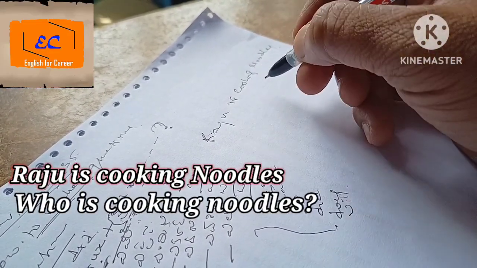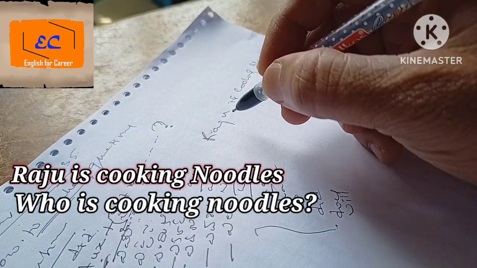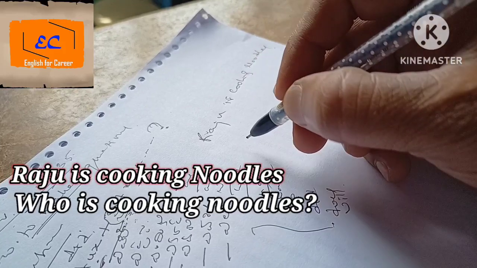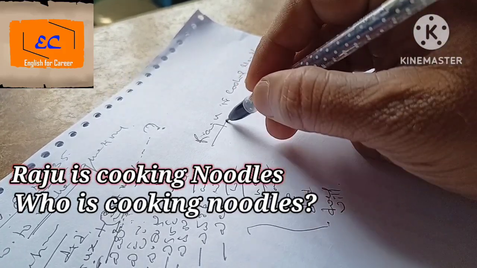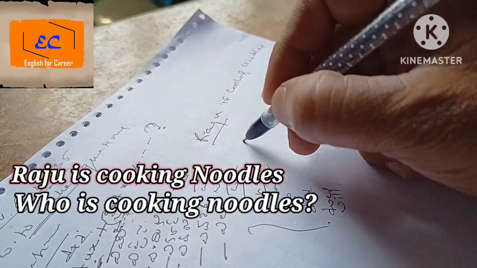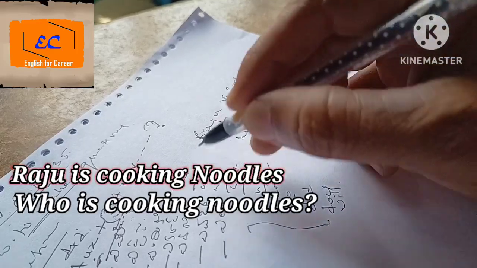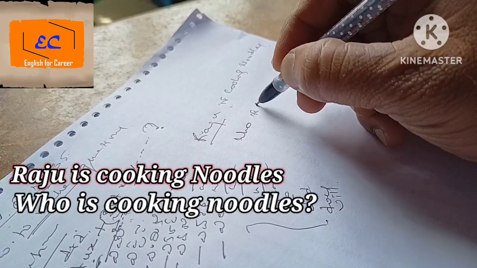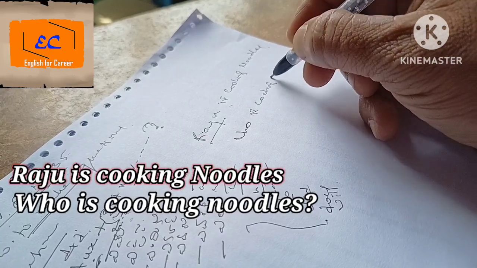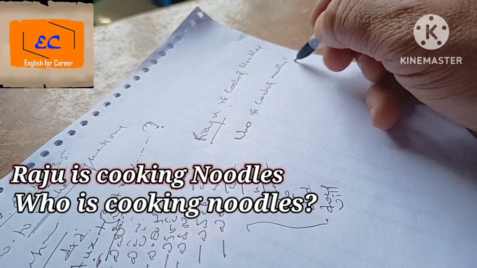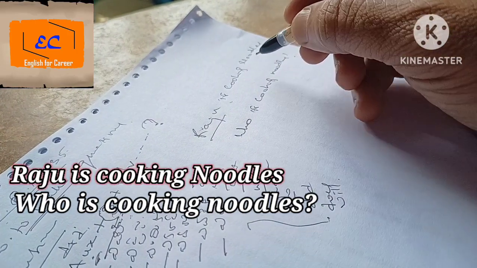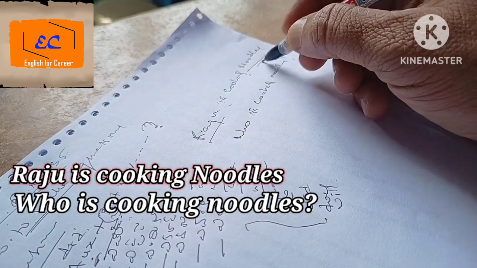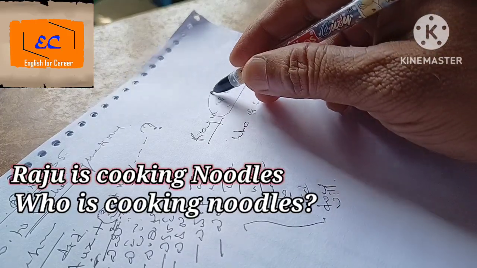Now, first the WH word. Suppose we want to prepare a question. Suppose we want to get the answer noodles. Then the WH word is what, and is cooking noodles, question mark. Now the question can be prepared on this.